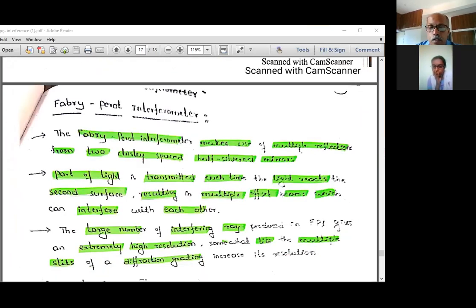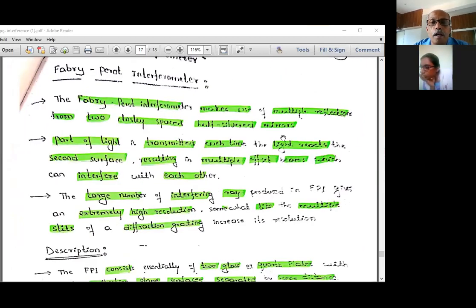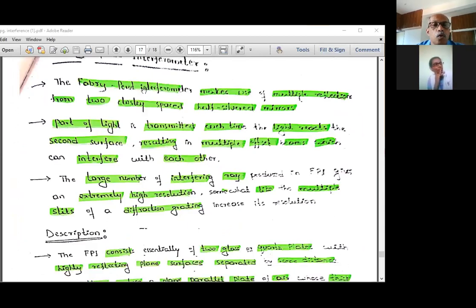Now, Fabry-Perot interferometer. It is a device that makes use of multiple reflections from two closely spaced half silvered mirrors or glass mirrors. We will have two closely spaced half silvered mirrors.